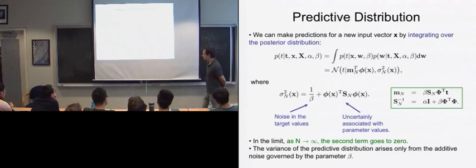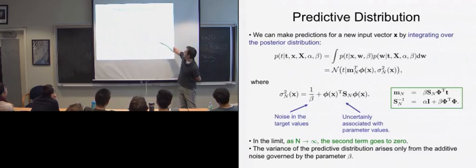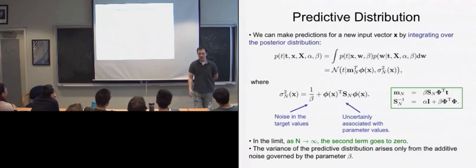Now, why does it go to 0? Any guesses? Let's look at this term. This essentially represents phi transpose phi. Or in other words, if we're dealing with just the data, that would be x transpose x.